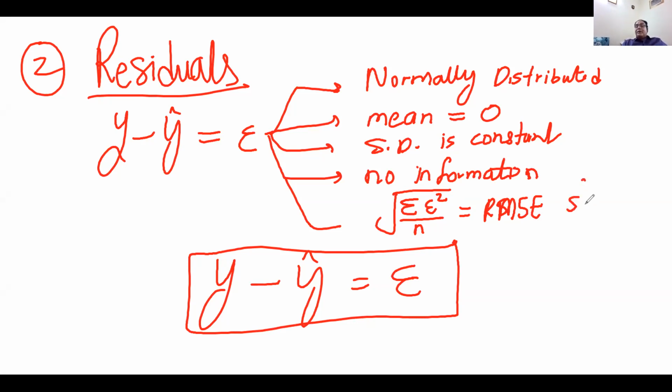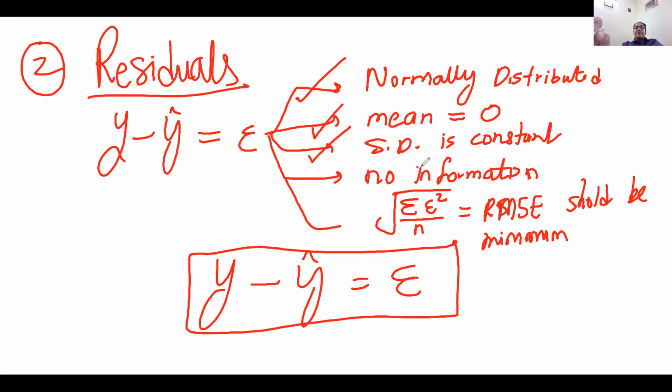It should be minimum. So these are the properties of residuals, and whenever you run the regression model, you have to check all the assumptions: whether the error term is normally distributed or not, whether the mean of it is 0 or not, whether the standard deviation is constant or not. All the assumptions should be fulfilled.